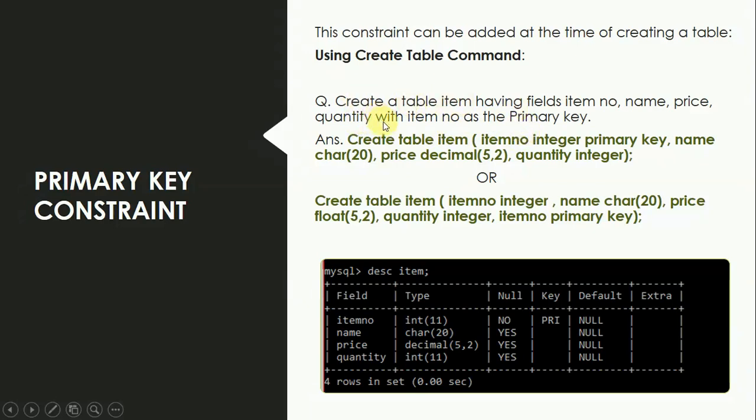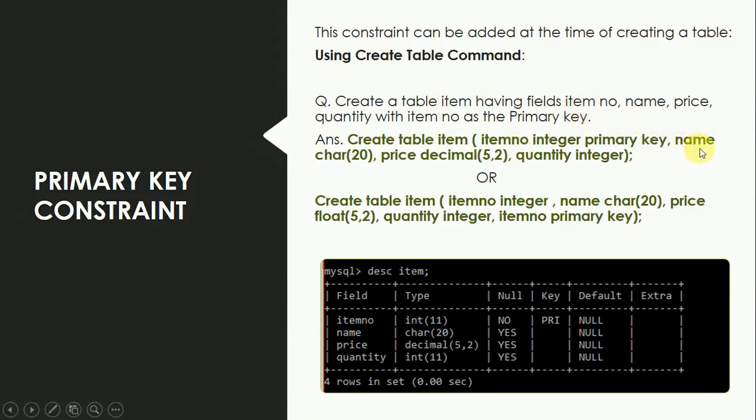So the command for this query is: create table item, item number of type integer, and then we will write primary key. So this column will be taken as the primary key of the table.